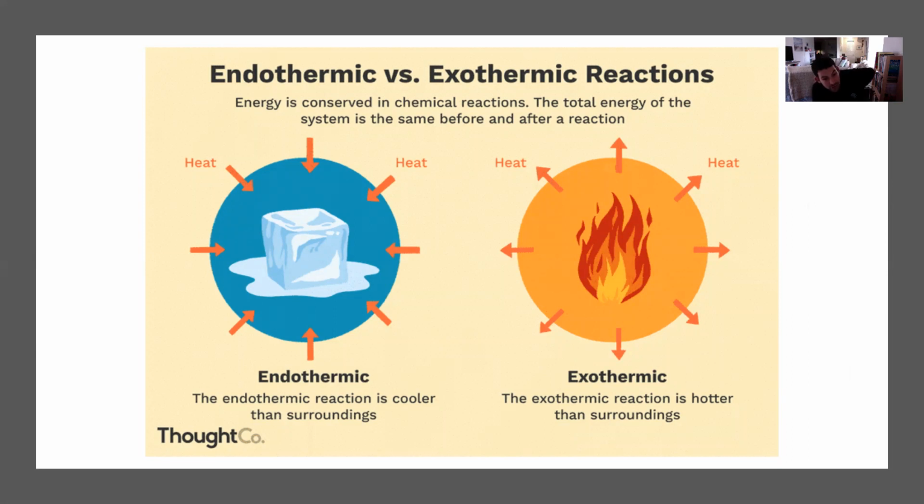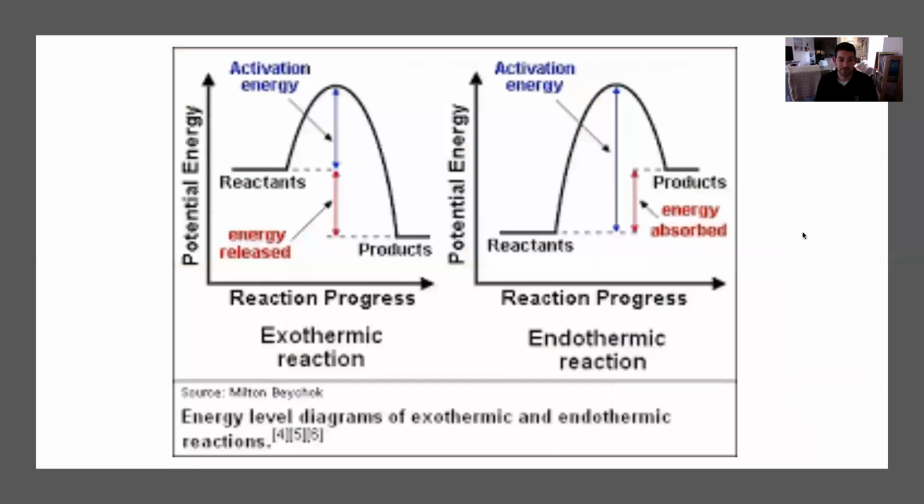Now, an endothermic reaction is typically a reaction where it is cooler. It is something that absorbs energy, and an exothermic reaction is something that we feel is hotter and it gives off energy.